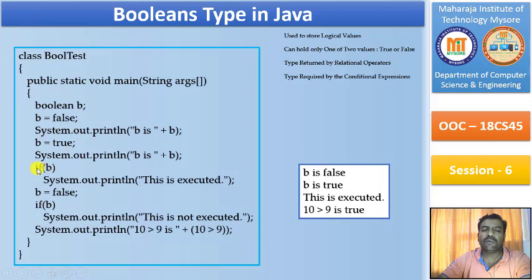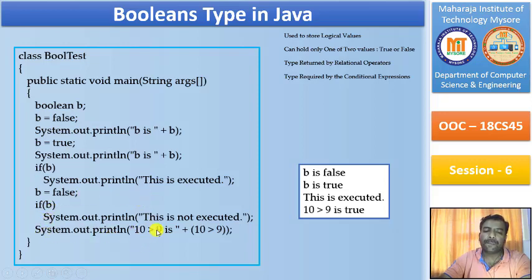Hence, to evaluate the if condition, I don't require a relational operator now, or 1 and 0. I can use a variable which holds a Boolean value, true in this case. So this condition becomes true, and the output is printed as executed. Then I say b equals false. This condition becomes false, hence I am not going to execute this, and I'm not going to see this output on the screen.